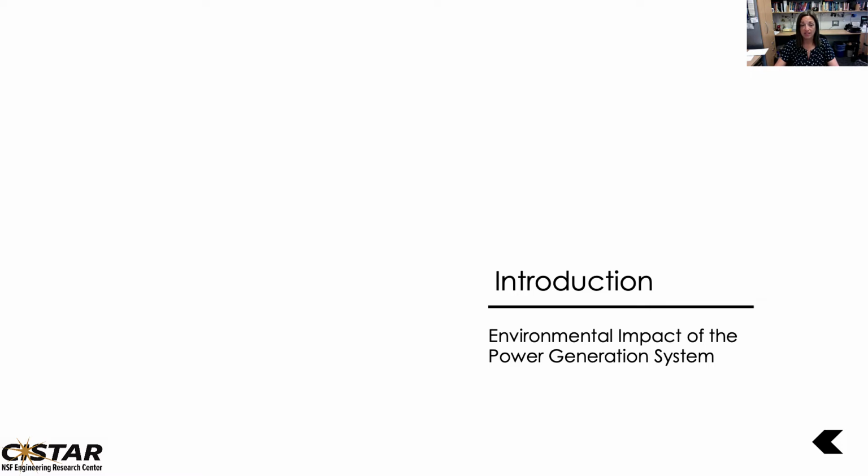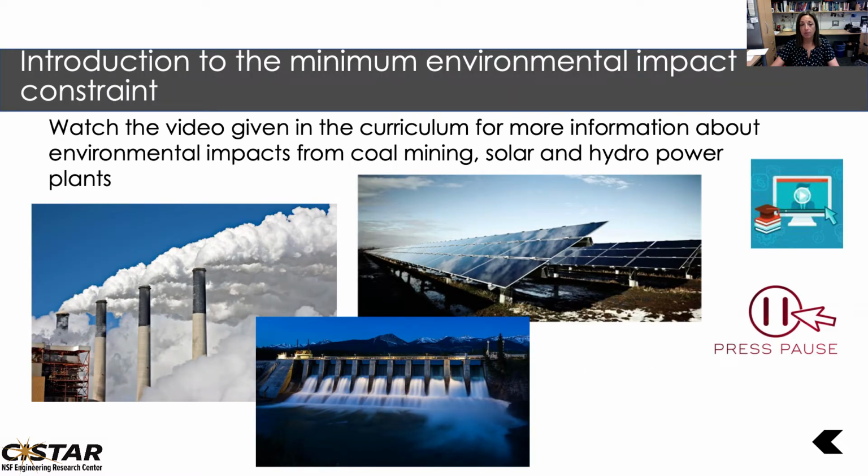Another important thing in this lesson is the ability of designing solutions to their engineering problem. For that, students need to reflect on the impact of the power generating system. They will review where each power generating plant is located in the map to determine how to reduce the negative environmental impact. But before starting the lesson, it's important that you watch the videos which are in the links provided below.